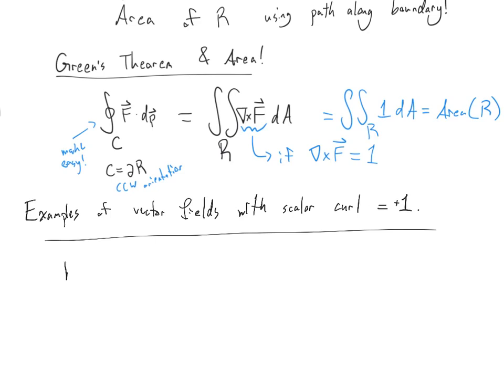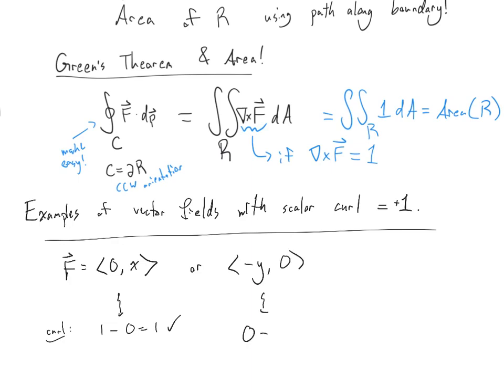You can either take F to be 0, x, because then the scalar curl is 1 minus 0, or minus y, 0, getting ahead of myself. And then the scalar curl is 0 minus 1, which is plus 1 as well.